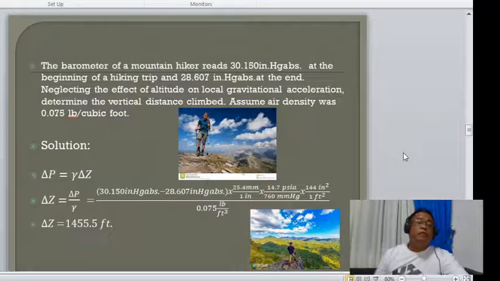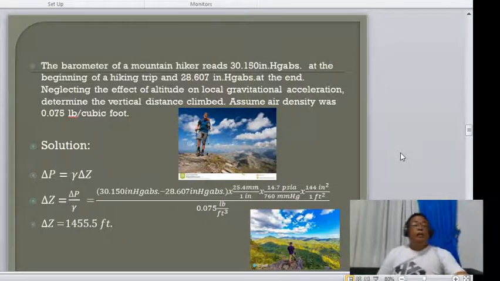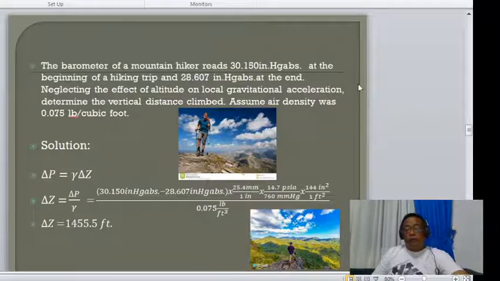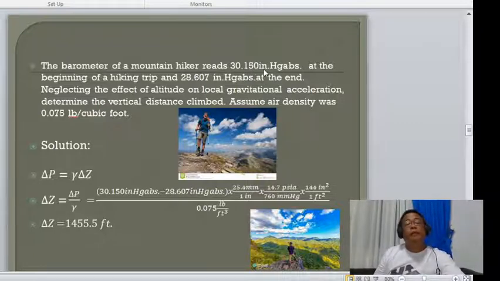Okay, so let us consider a problem again in calculating the change in pressure between two points. The barometer of a mountain hiker reads 30.150 inches of mercury absolute at the beginning of the hiking trip and 28.607 inches of mercury absolute at the end.